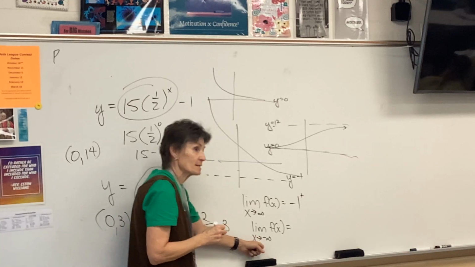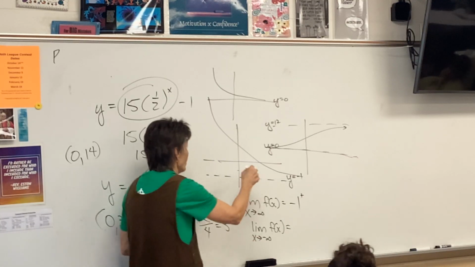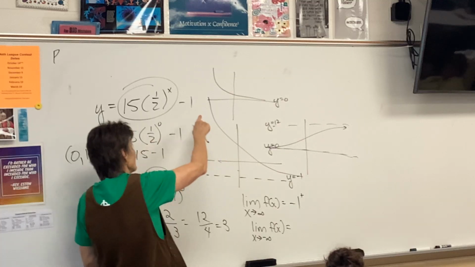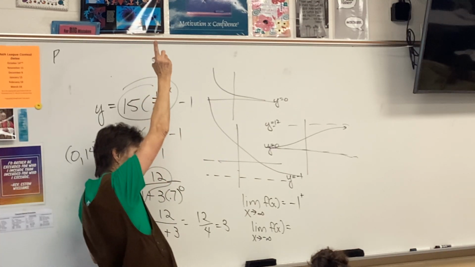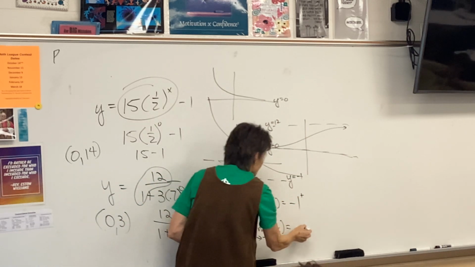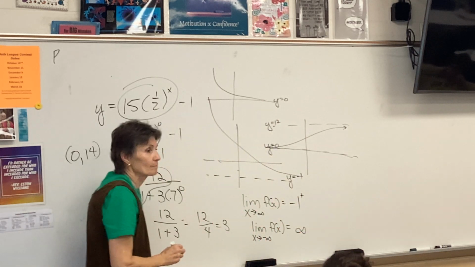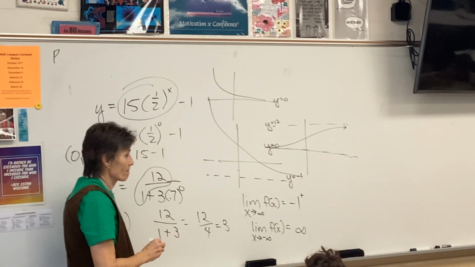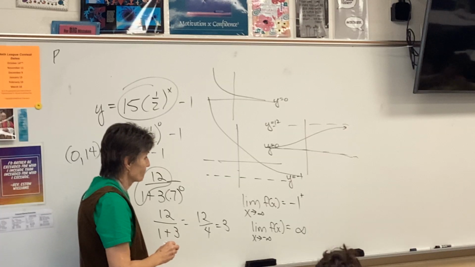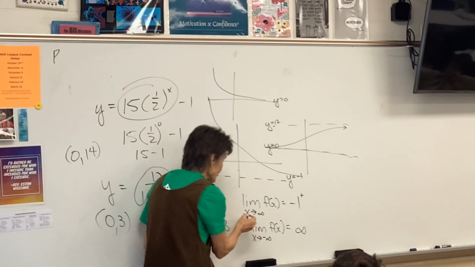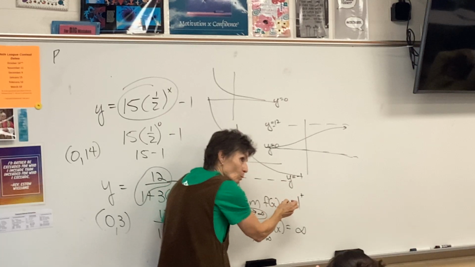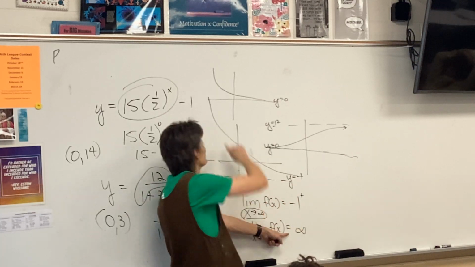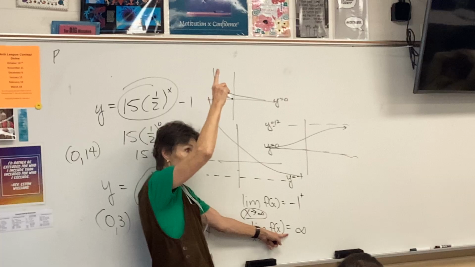Now, what happens as I go to the left on this picture? The farther I go to the left, the higher I get. So that's it. Remember, this tells you where x is going. That's where y is. Where is y going? Infinity.